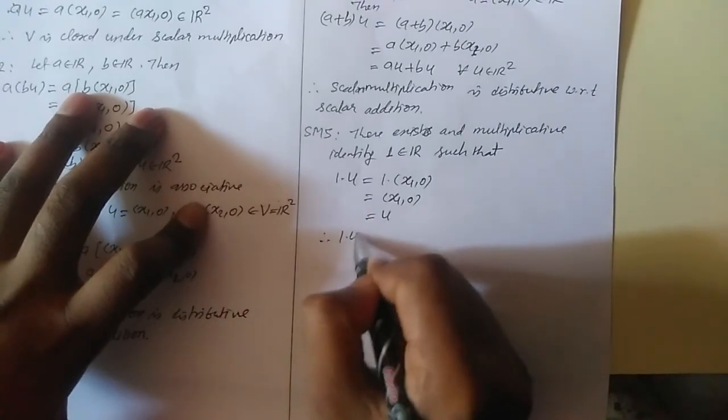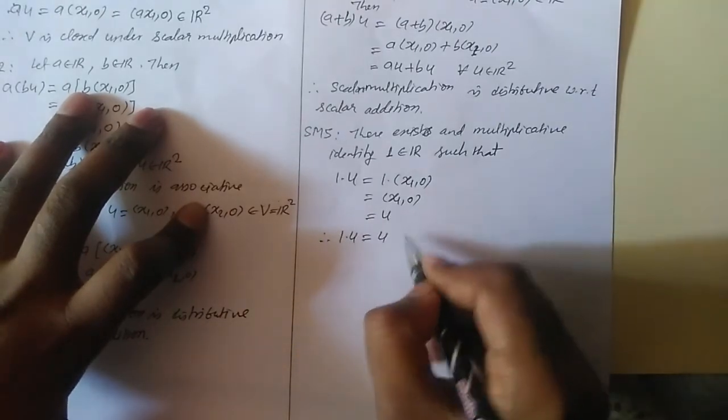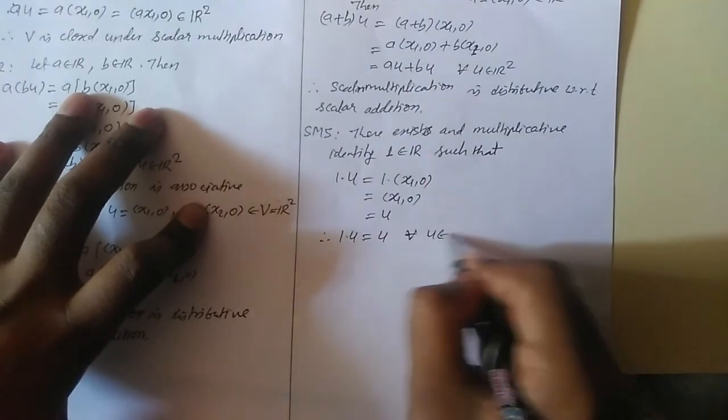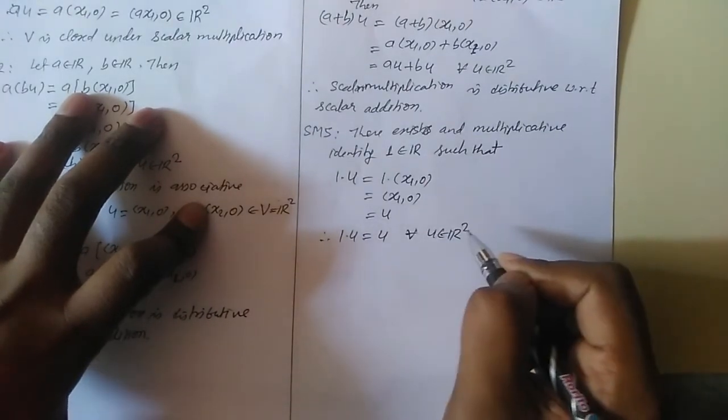Therefore 1 dot u = u, which is true for all u belonging to R2.